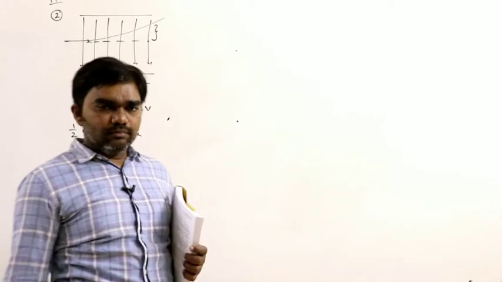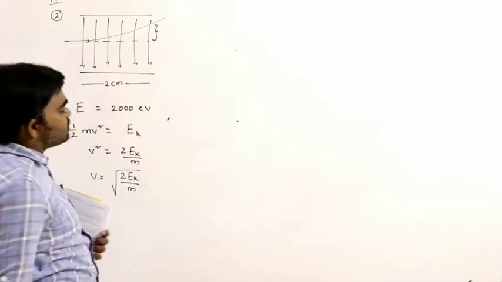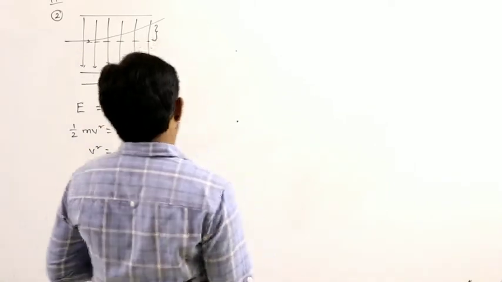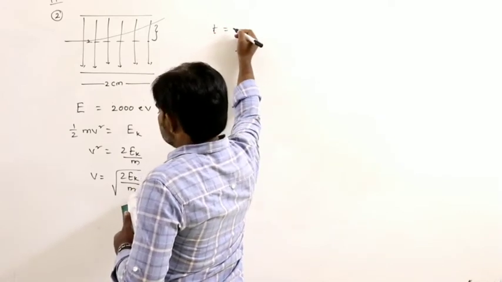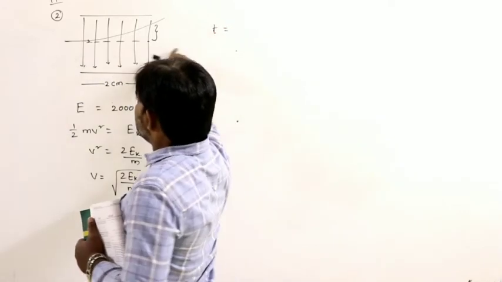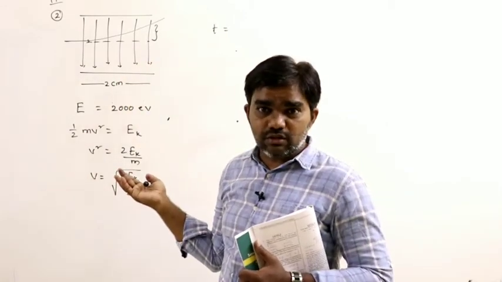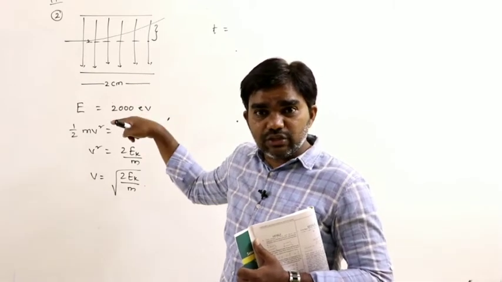So what is the time taken to travel this distance of 2 centimeters? Along the horizontal direction there is no acceleration. The electron experiences acceleration along the vertical direction only.